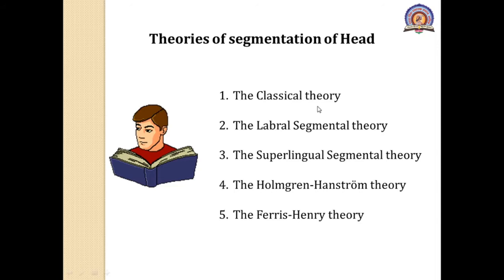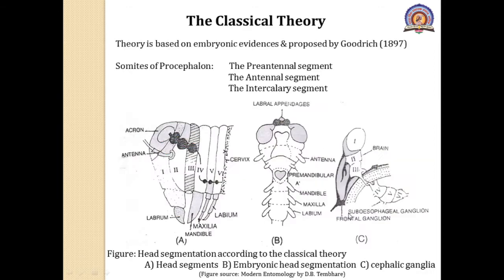The first one is the classical theory, second is the labral segmental theory, third is the superlingual segmental theory, fourth is the Holmgren Hamstrom theory, and fifth is the Ferris Henry theory. So let's see all these theories regarding head segmentation one by one.